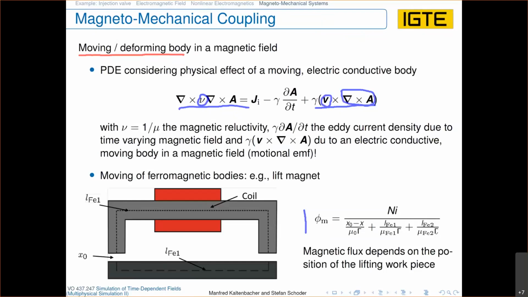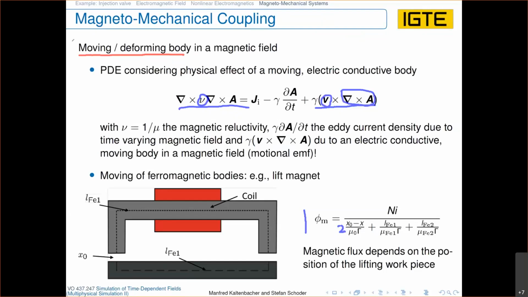And what I currently see, there is a small mistake, so you should multiply this by 2, clearly, because we have two air gaps. There is an air gap and there is an air gap. So the magnetic flux clearly depends on the position, and this is also something we have to take into account, which is not explicitly shown up here.